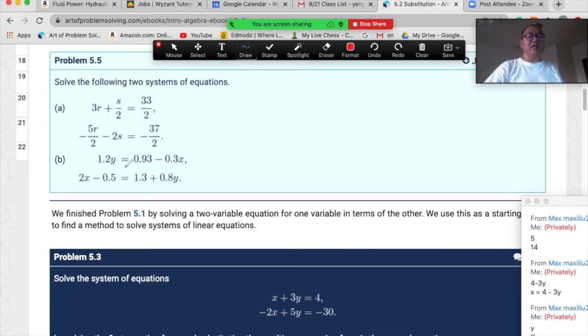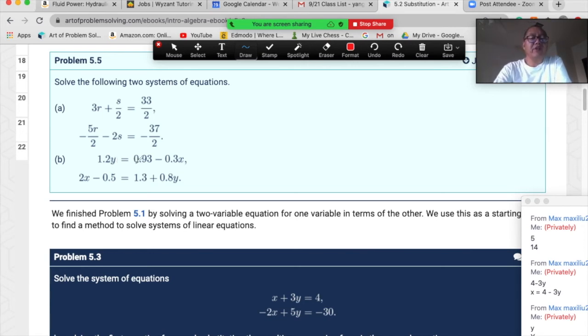Now let's see how we can solve this equation. To solve this one, it's decimals. Decimals are similar to fractions. It's hard to calculate. So now let's first make the coefficient of each equation become an integer.